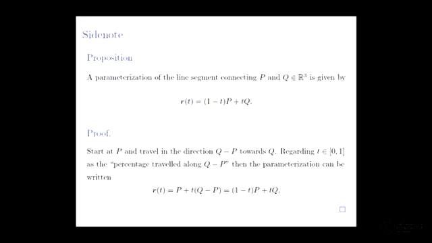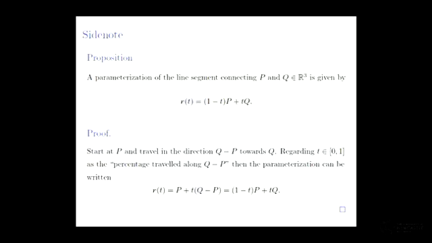So if I start at P, and I move in the direction Q minus P, how far do I move along it? Well, t. So I put the brackets on the wrong thing. You can imagine this is like t percent. So if t is 50%, you'd be here, 75%, you'd be here, and 100% you'd be here. We don't use percentages, we use their decimal form.